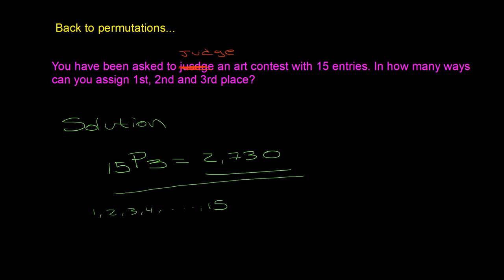Then we can say that number 1 won the first place, this is the second, and this is the third, or this is the first, this is the second, and this is the third, or this, and this. So we would never end. So even though computing permutations in calculators or Excel is very easy, it's a very powerful tool.